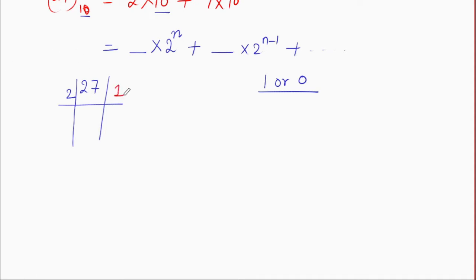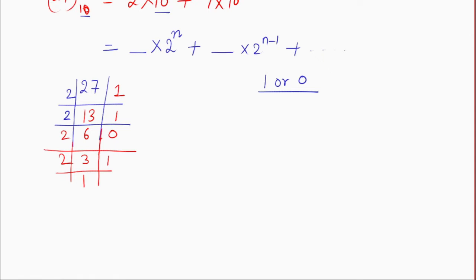Here it will be 1, quotient 13. Then again it will be divided by 2. Again the remainder will be 1, and the quotient is 6. Here the remainder is 0, and 6 will be divided by 2 to give 3. Then 3 will be divided by 2, leaving a remainder of 1.